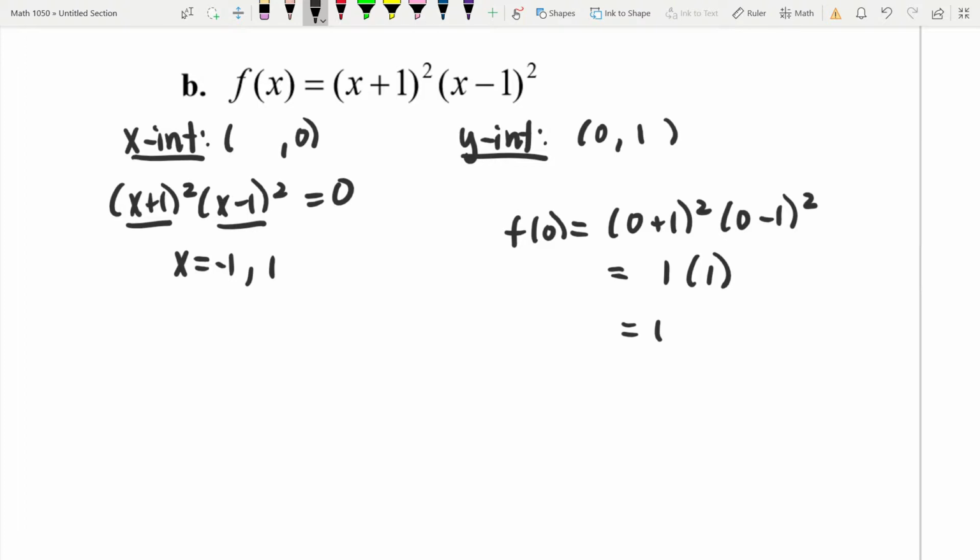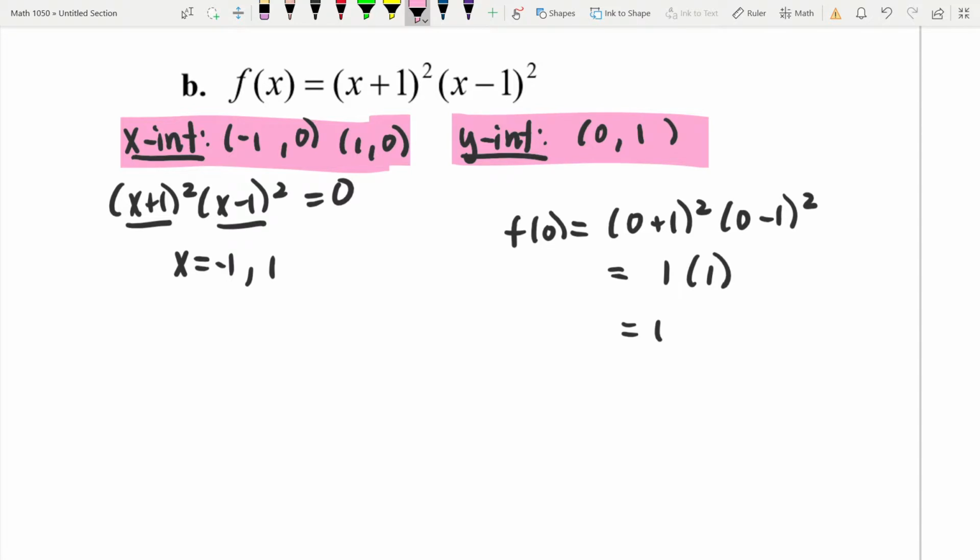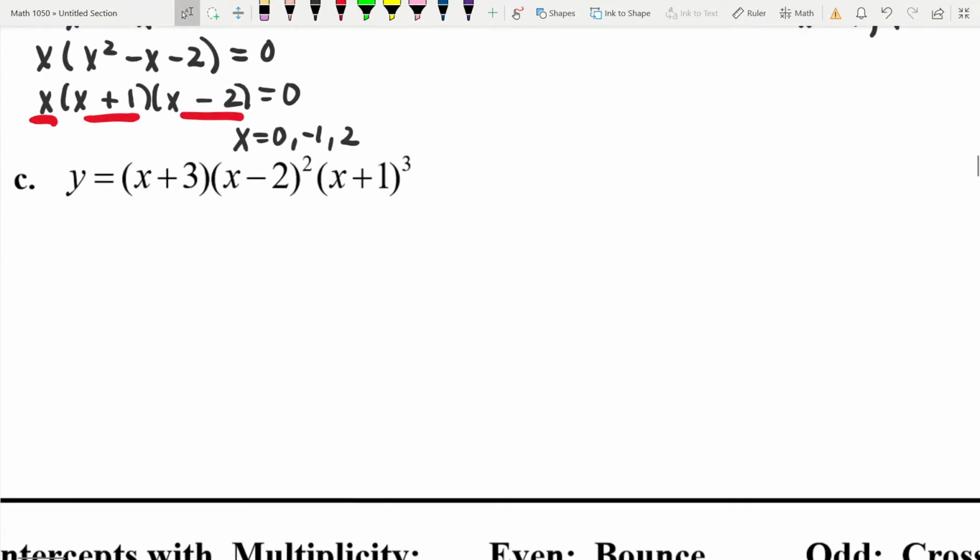So one x-intercept is (negative 1, 0). The next intercept is (1, 0). Highlight your answers, and you're done. Some people just list them. They just go (-1, 0), (1, 0), (0, 1), and I take points off. Why? Because they didn't tell me which one was which. I need you to tell me that you know which one's which. Okay? All right, question C.